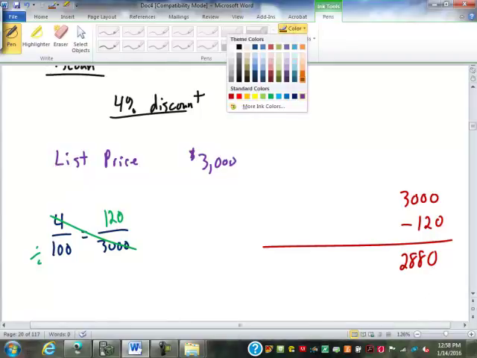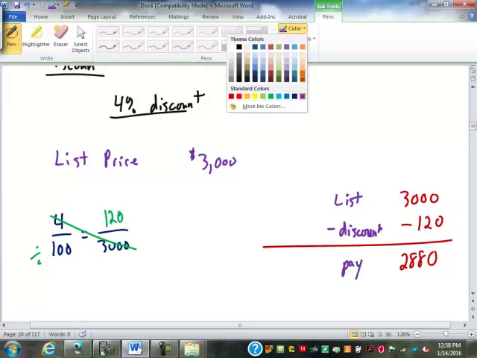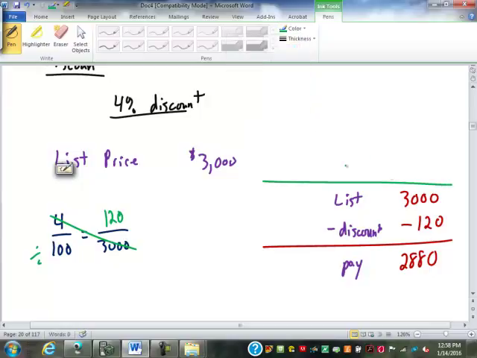Okay, so 3,000 here was the list price. The 120 was a discount. We subtracted the discount, right? And we got the amount that we're going to actually pay. If we look at it this way, the list price is the full amount. That's 100%. The discount is that 4%.